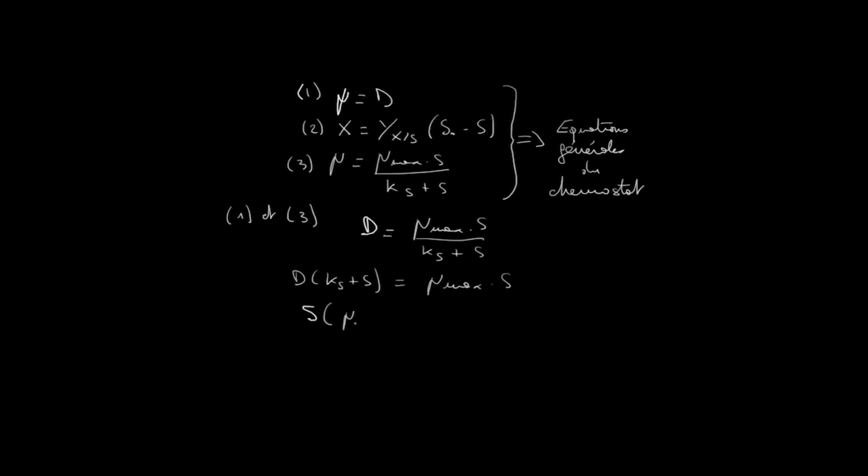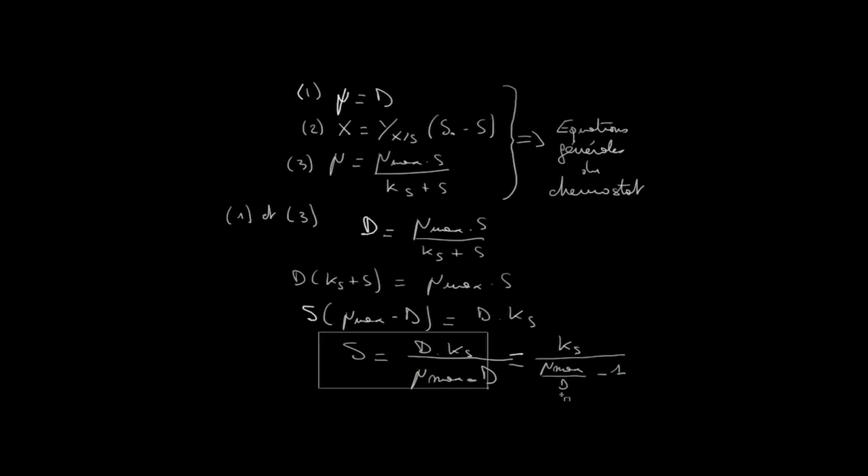Then we factorize S. And finally, we obtain the expression of S in function of D. By transforming this expression, dividing the numerator and the denominator by D, we can show that when D increases, the denominator decreases, so S increases. When dilution rate increases, the substrate doesn't have time to be consumed, so the substrate increases also.